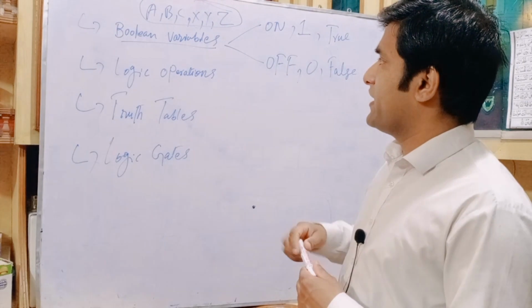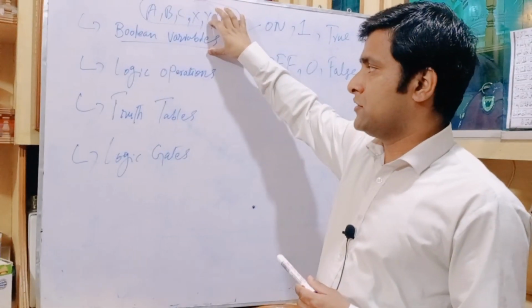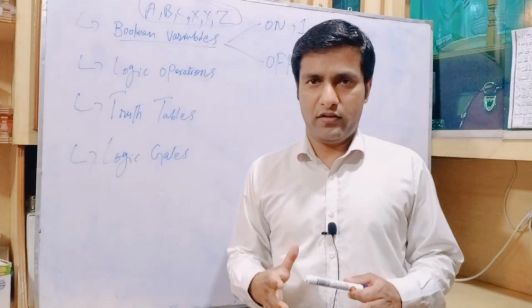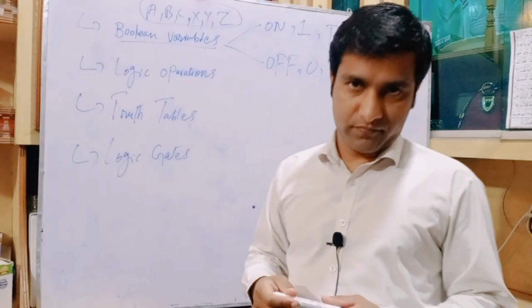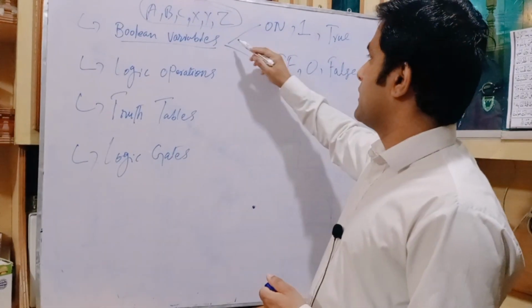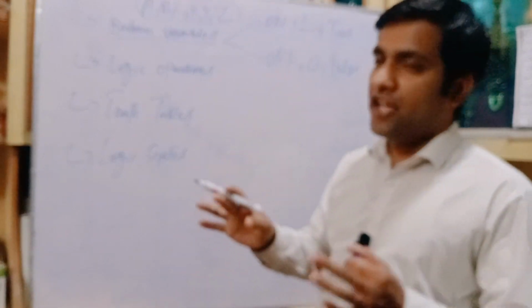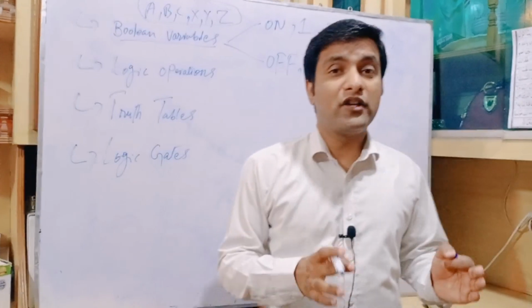When Boolean algebra is applied on these variables and some operation is performed, that operation is called a logic operation, because these variables which can have only two states follow certain rules, and those rules are Boolean algebra.